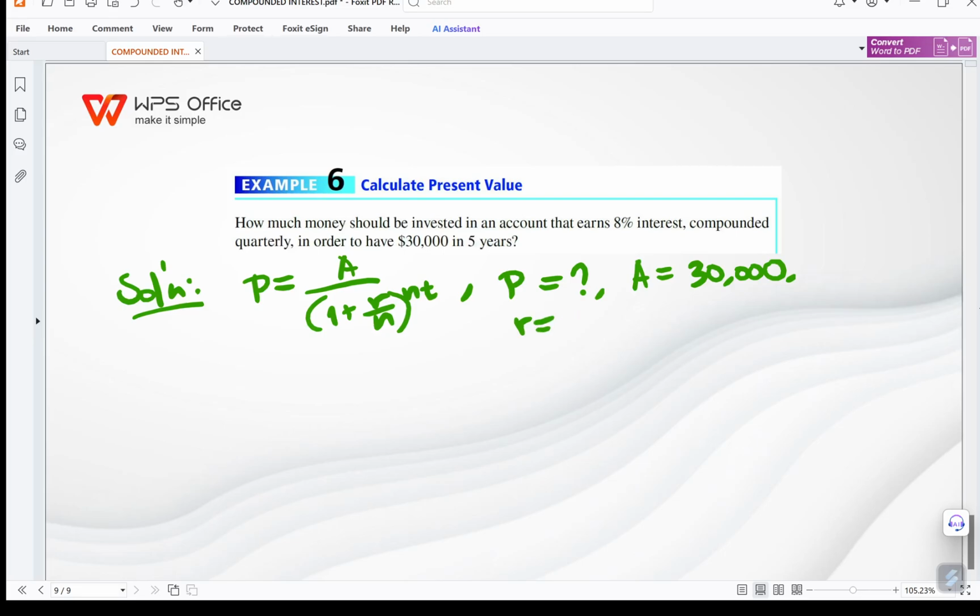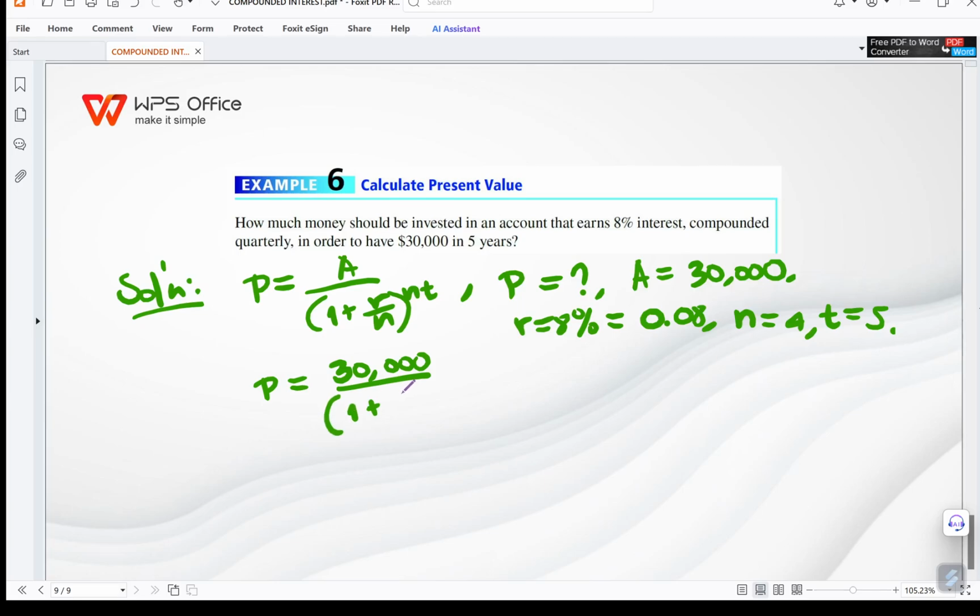The rate is 8%, so that is the same as 0.08, and it is compounded quarterly, so N here is 4, and the time here is 5 years. So from this given, we calculate our P. This is 30,000 divided by 1 plus our rate, which is 0.08, divided by the number of compounding periods in a year, raised to 5 times 4, which is 20.